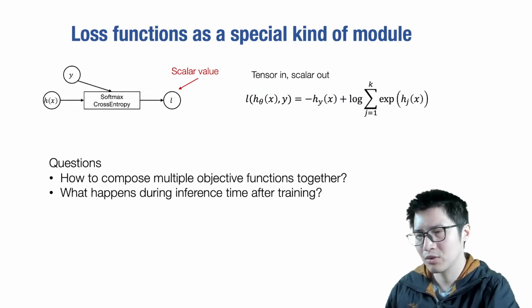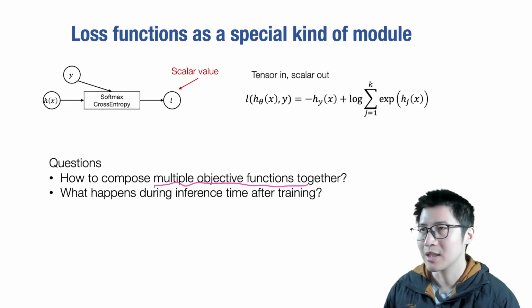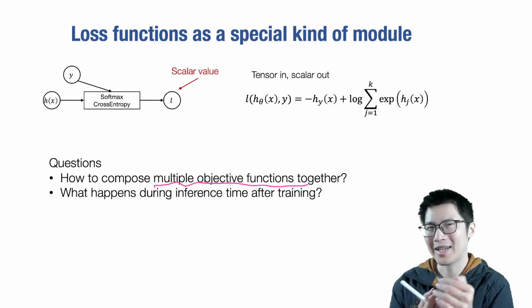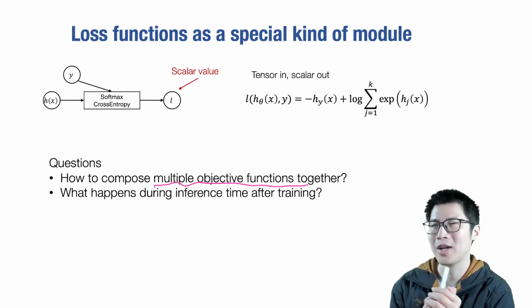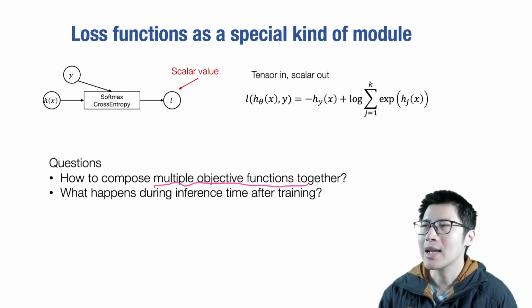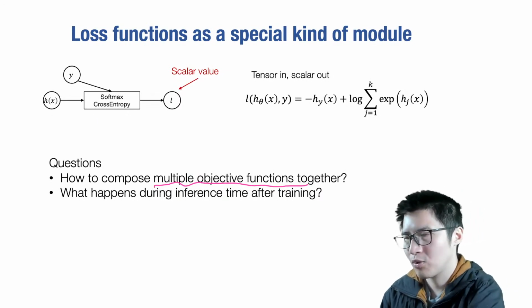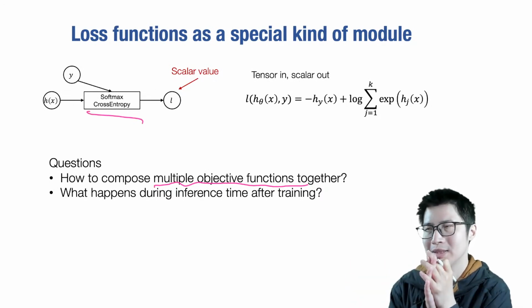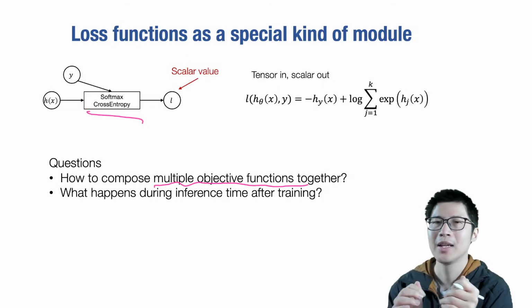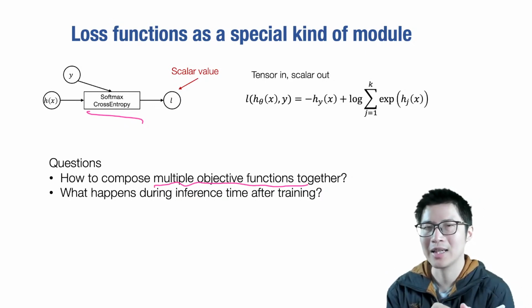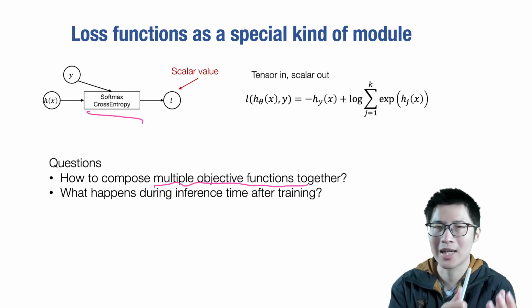For example, imagine that I want to have a neural network that's able to give you both bounding boxes as well as classes in those bounding boxes. That's one instance of multi-objective prediction. What you're likely going to have is one objective function module that tries to predict bounding box closeness, and another objective that measures how good your class predictions are.